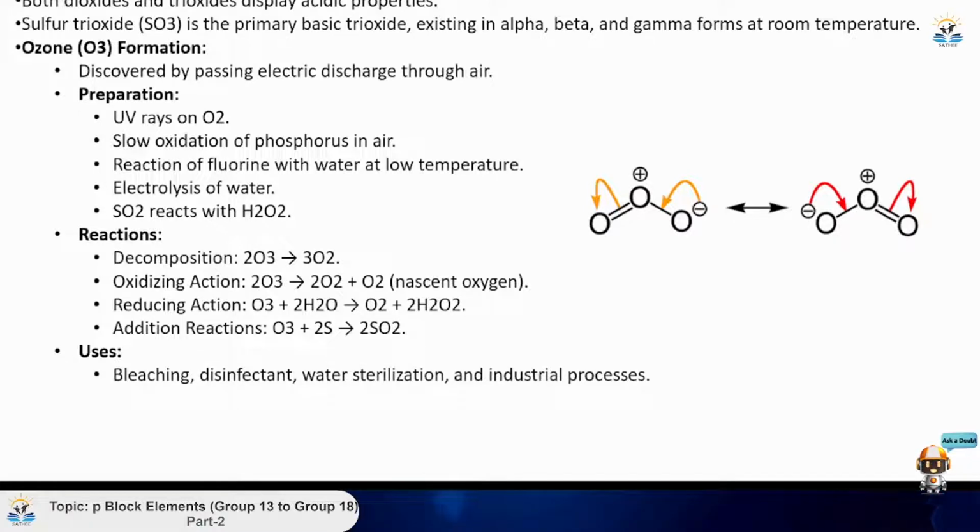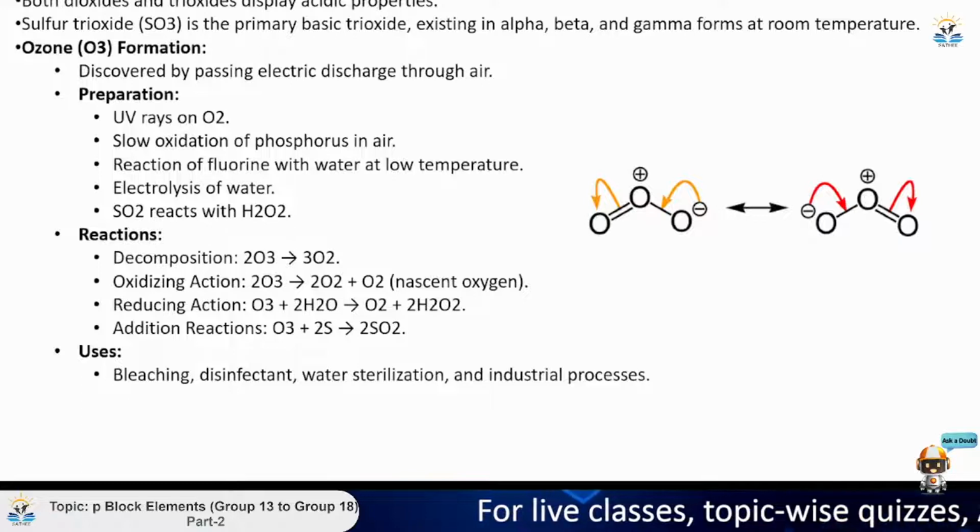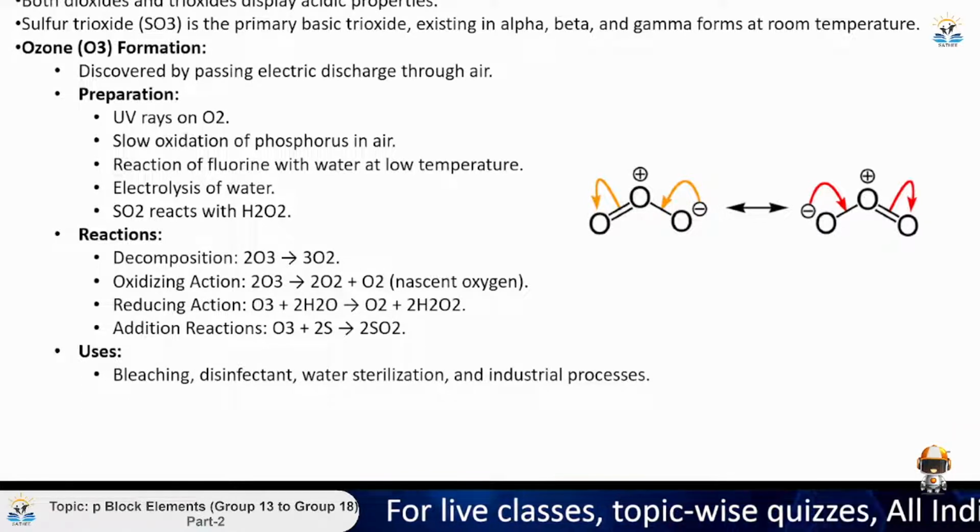Now, formation of oxides, and primarily the oxides are the most important part of group 16 when we talk, because we generally know the elements more commonly as oxides. So it has been a very important thing for us to know about them.